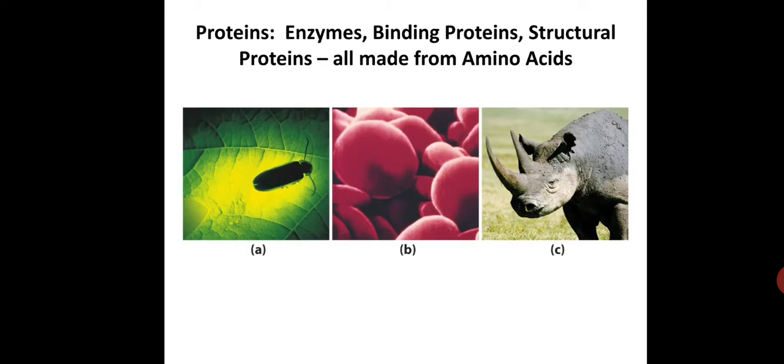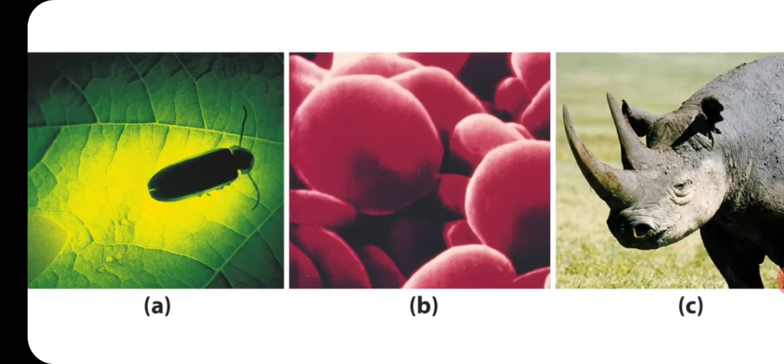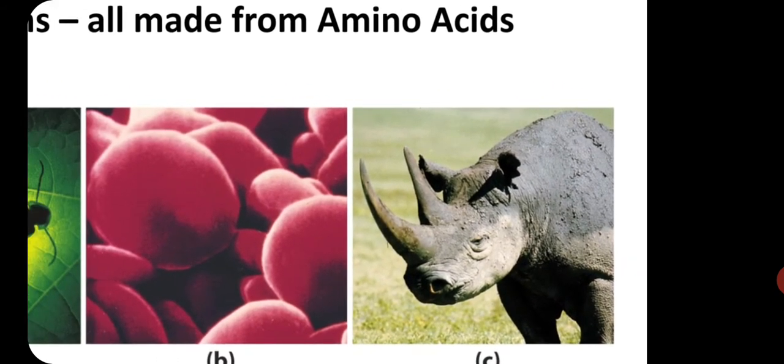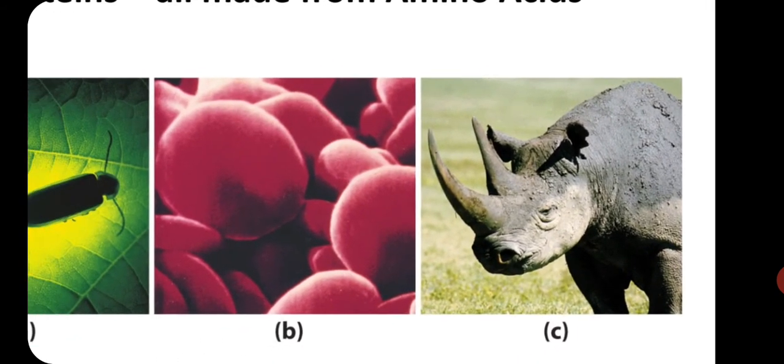Now, when I'm talking about proteins, if you look at this slide, it represents various levels of organism structure, that is, insects, cells, red blood cells, and the rhinoceros.